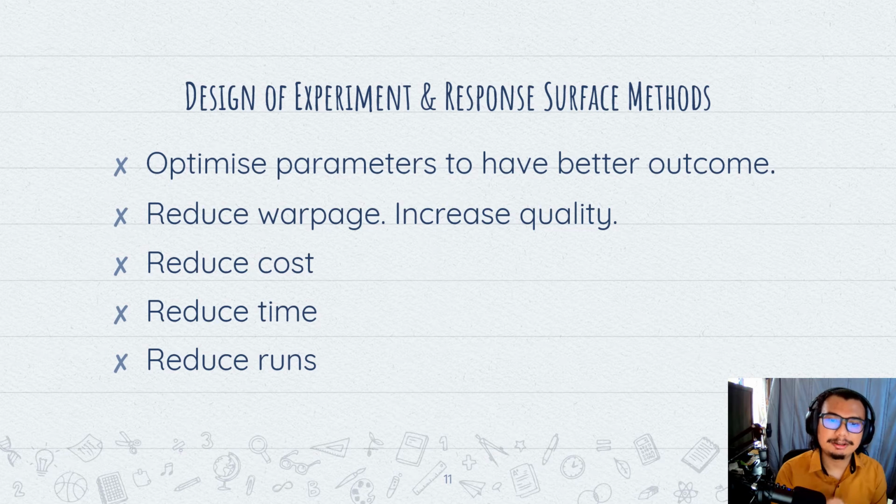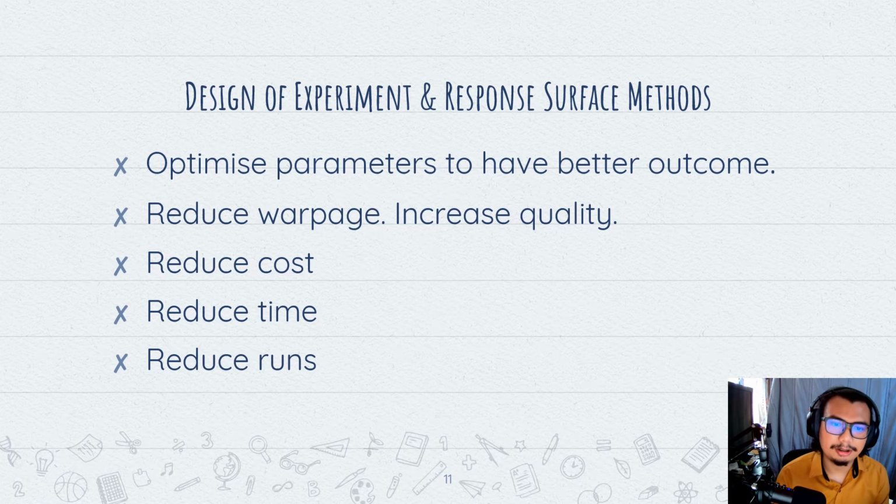Design of experiment and response surface methods, also known as DOE and RSM. DOE and RSM predict the runs that need to be simulated for injection molding, for example, how many runs and what criteria are needed to predict the outcome, which in this case is warpage and shrinkage.